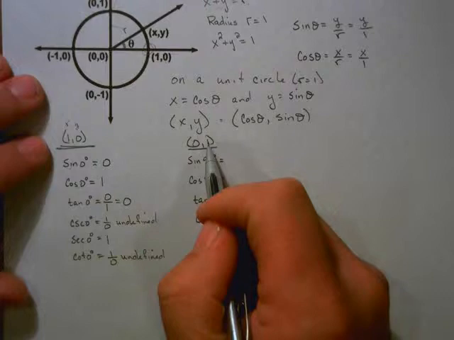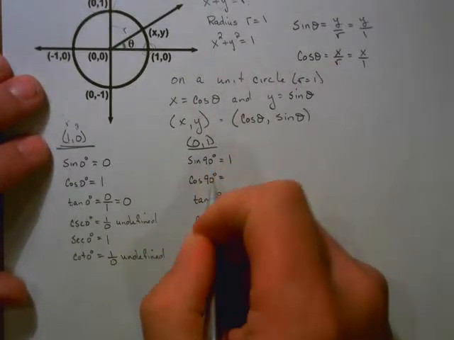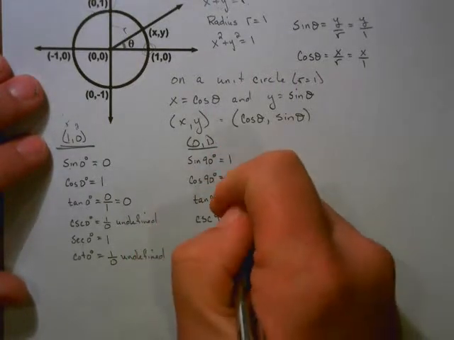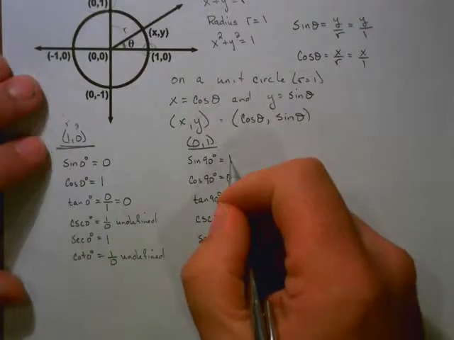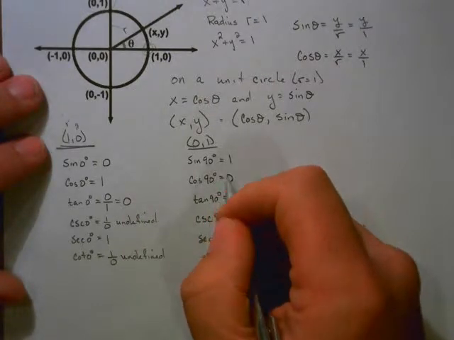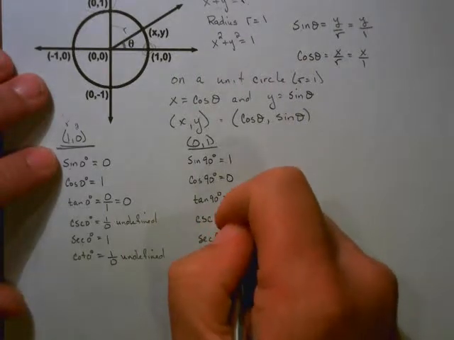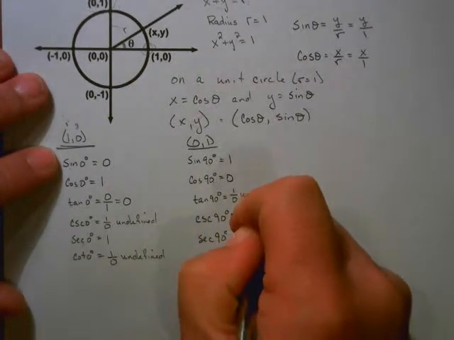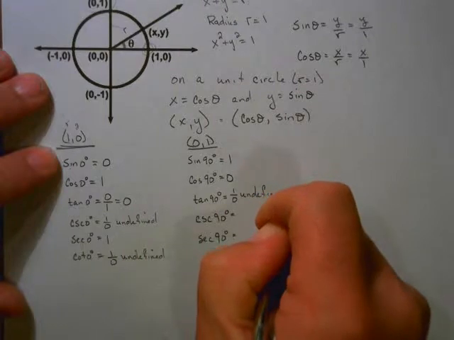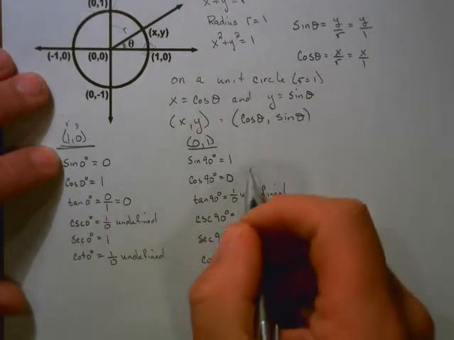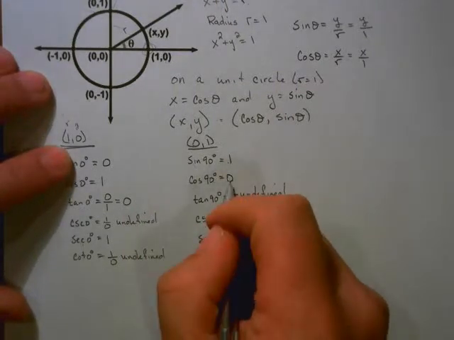So sine 90 is y. That's going to be 1. Cosine 90 is going to be 0. Tangent is going to be y over x, so it's going to be 1 over 0, which is undefined. Cosecant is going to be the reciprocal of sine, which is 1.